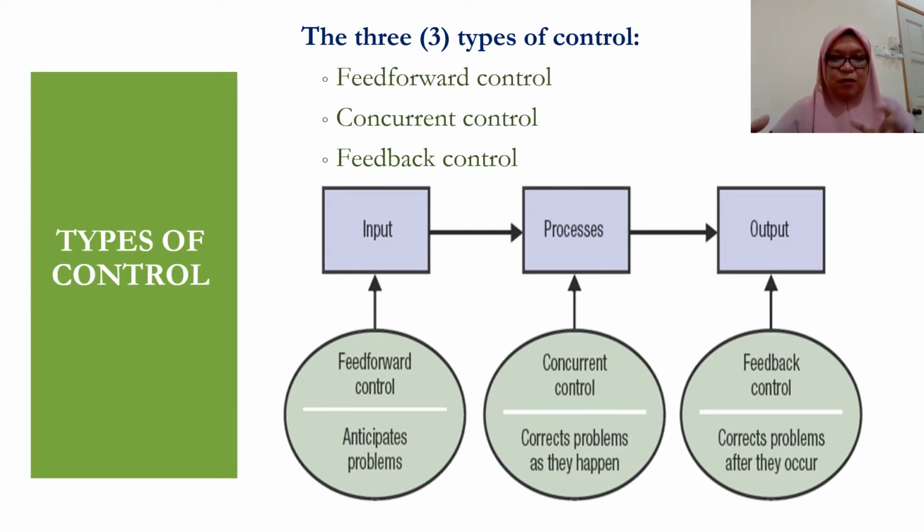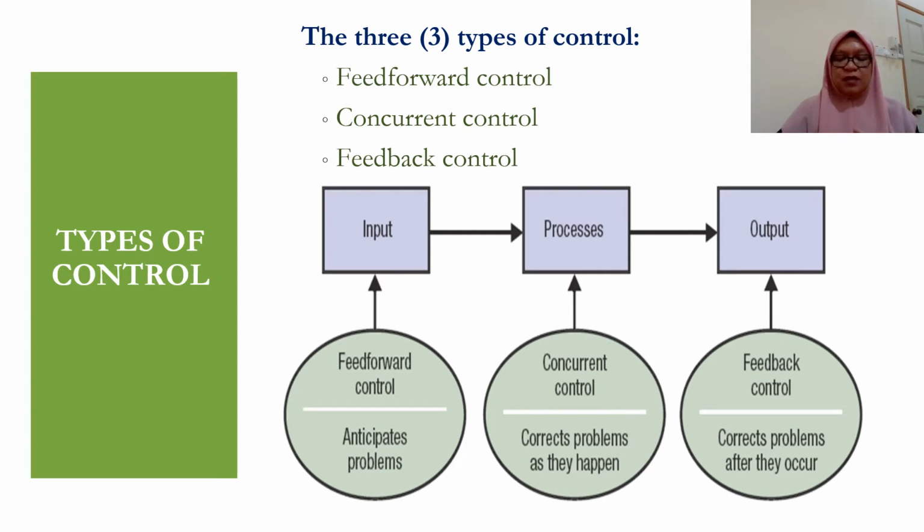When we make a cake, we transform the input into the output, into cake. All the ingredients, we mix everything, we bake it, so it becomes output. The concurrent control is when we correct problems as they happen.